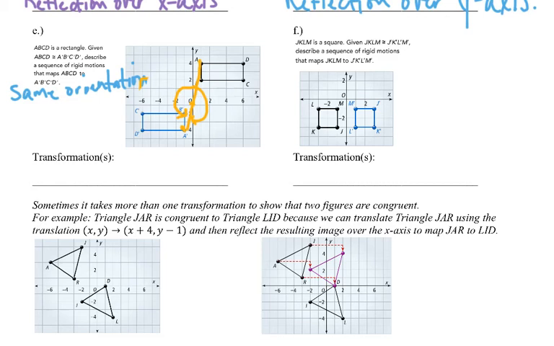So it's a rotation of 180 degrees, and it doesn't matter the direction, so I will just say clockwise. And then you have to think of where you put your pencil point to turn it, and you put it on the origin, so we say about the origin.